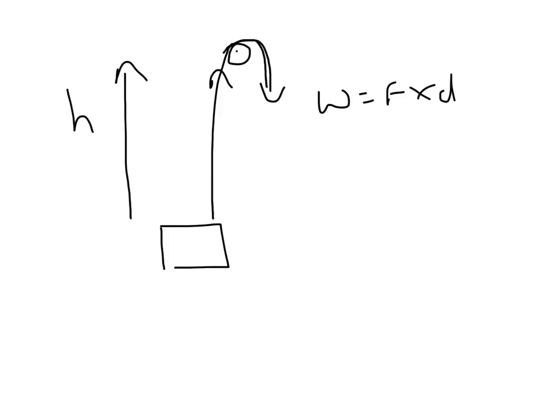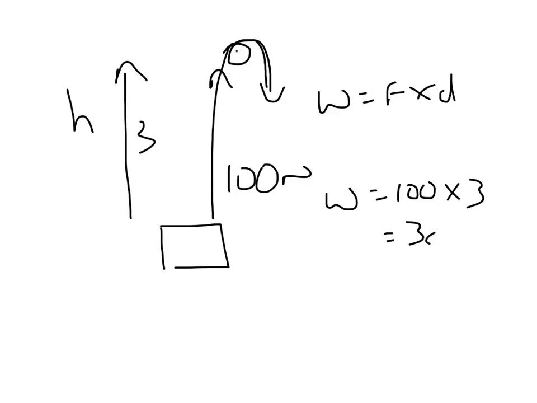So let's say, for example, the force required to move this block is 100 newtons. Therefore, the work done to move the block will be 100 times, and the distance here was 3 meters. 100 times 3, so it's 300 meters.